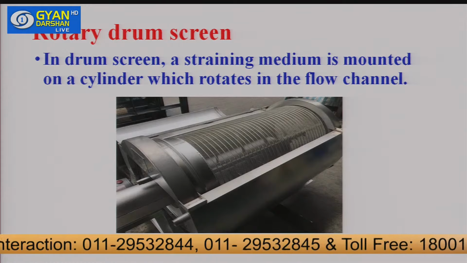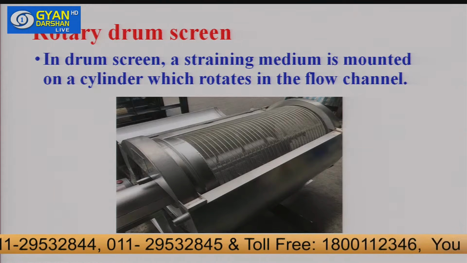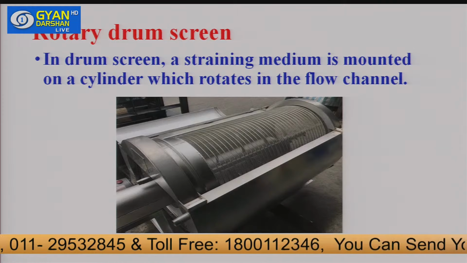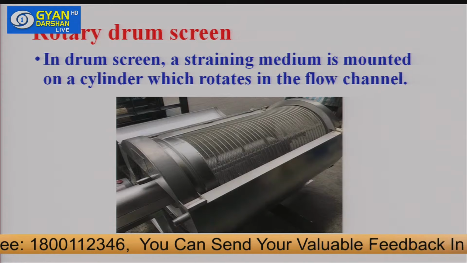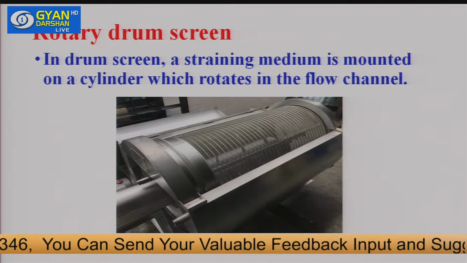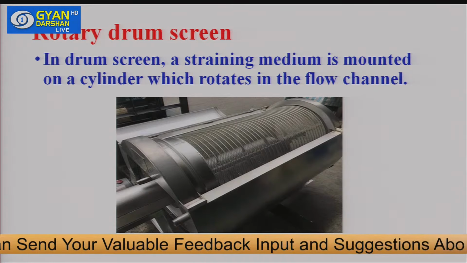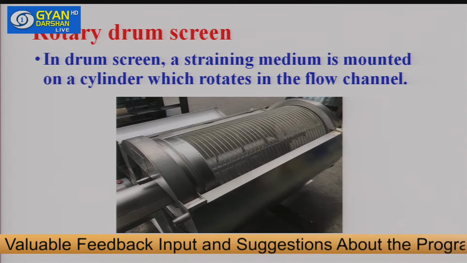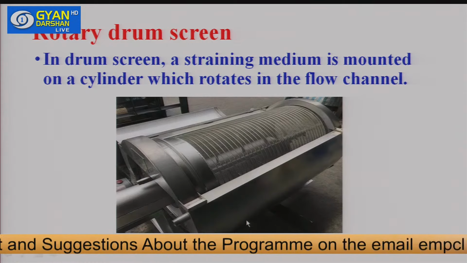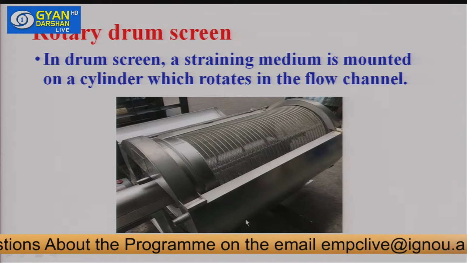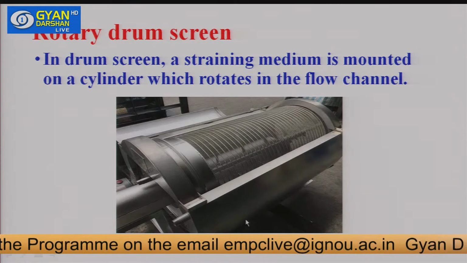When it rotates, water passes through it, and any solid object present in the water is stuck in the screen and removed, so that solid is not there in the water passing out from these screens.